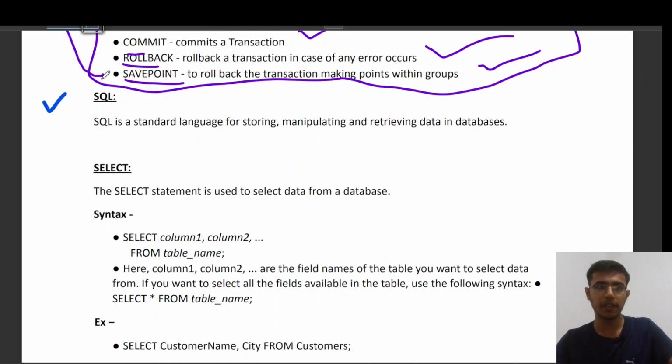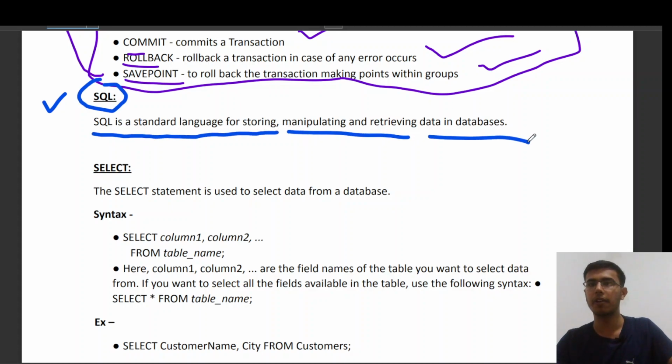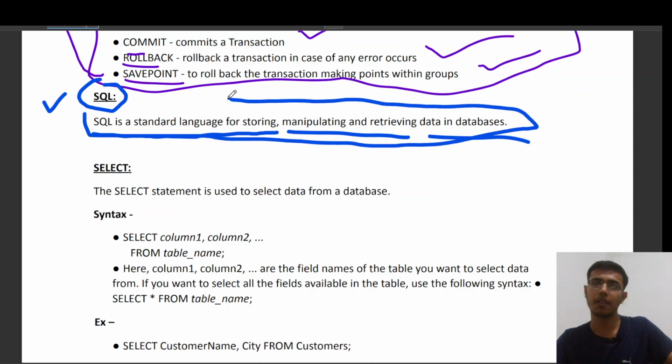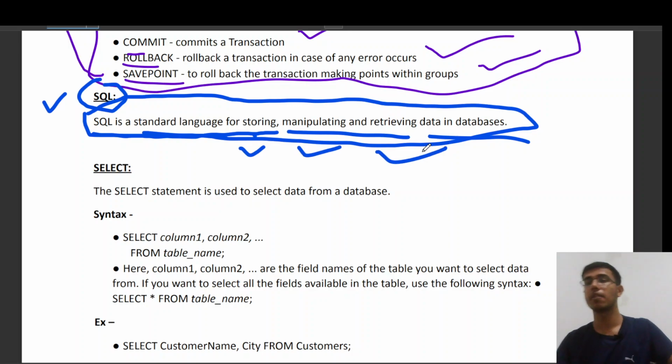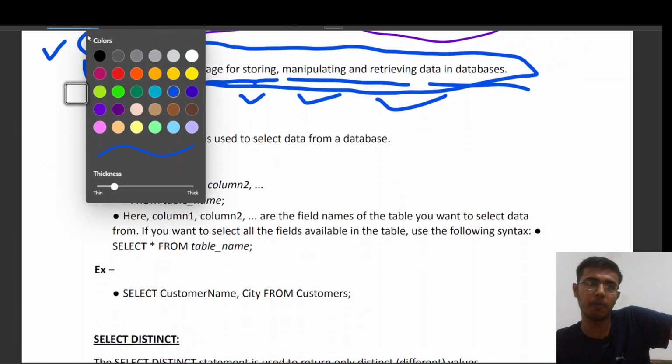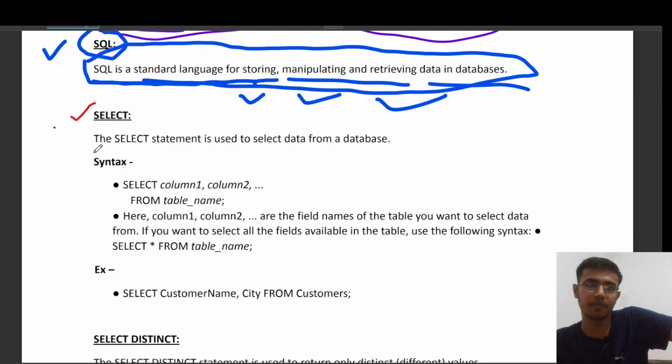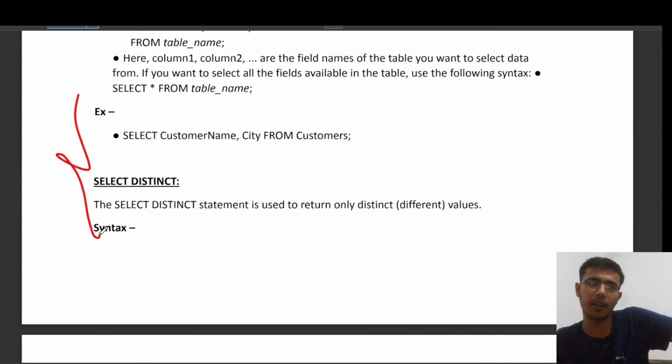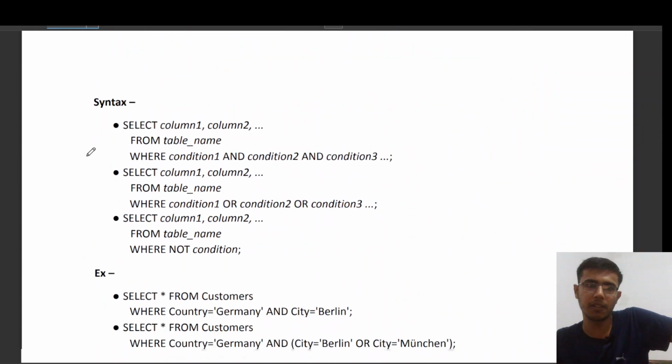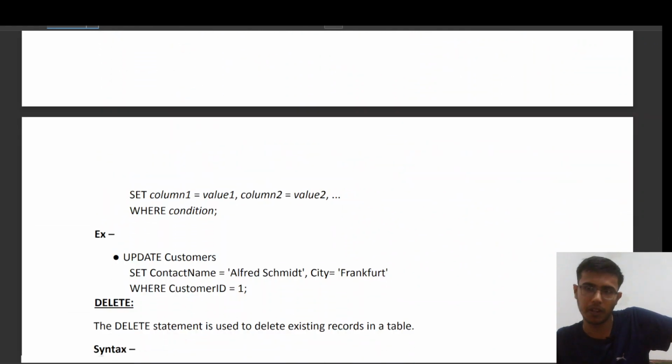So SQL is a structured query language for storing, manipulating and retrieving data in a database. मतलब SQL is a standard query language for storing, manipulating and retrieving. स्टोर करने के लिए, मैनिपुलेट करने के लिए, और उसके अंदर सबसे पहली नंबर की क्वेरी जो आती है वो होती है सेलेक्ट स्टेटमेंट. एसक्यूएल हम कल के वीडियो में देखेंगे. एसक्यूएल का पूरा कॉन्सेप्ट हम देखेंगे, आप चिंता मत कीजिए, जुड़े रहिए.